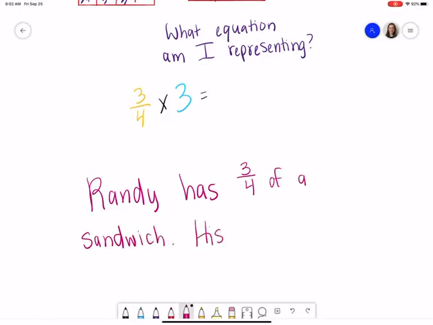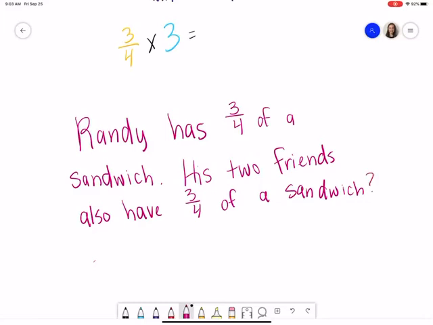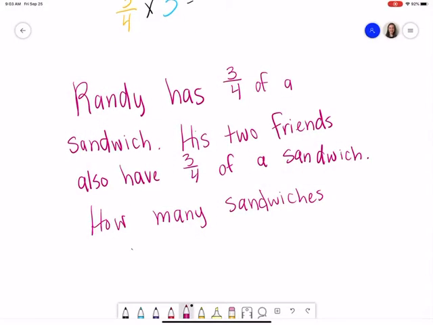His friends, we'll say his 2 friends, also have 3/4 of a sandwich. How many sandwiches do they have all together? That was not supposed to be a question mark up here. That's a statement.